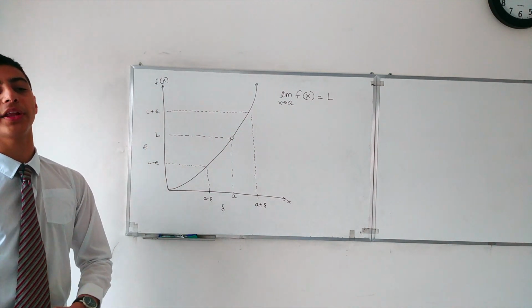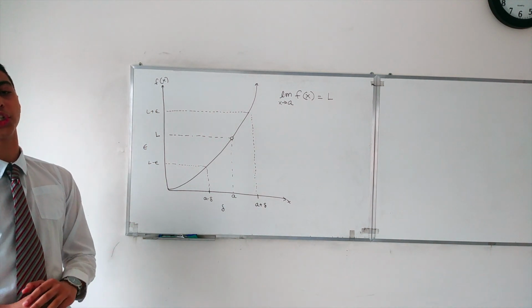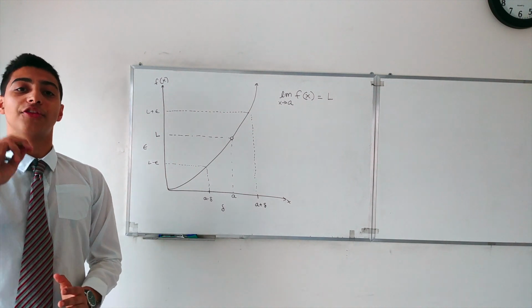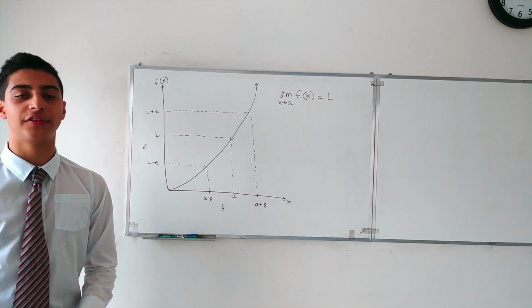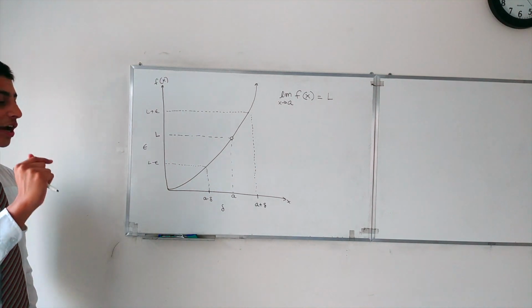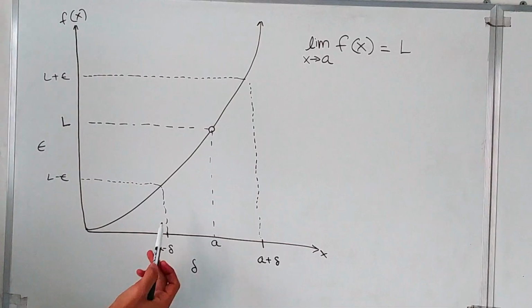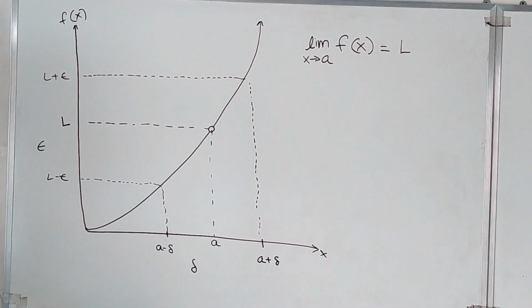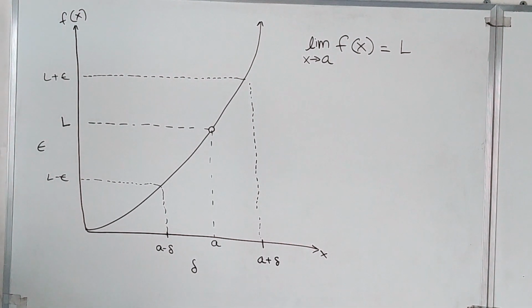Now, once the second player knows what the value of epsilon should be, he or she is going to calculate the respective value of delta, such that if there are any x values within this range from a minus delta to a plus delta, there will be a corresponding f of x value within the range of L plus epsilon and L minus epsilon. What?